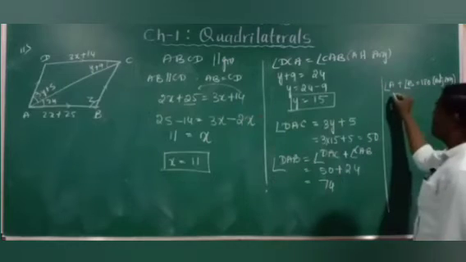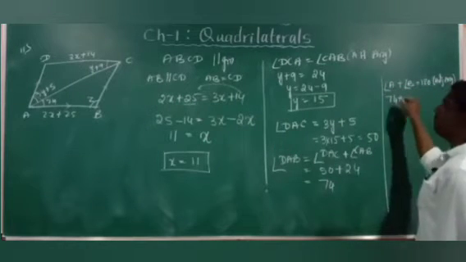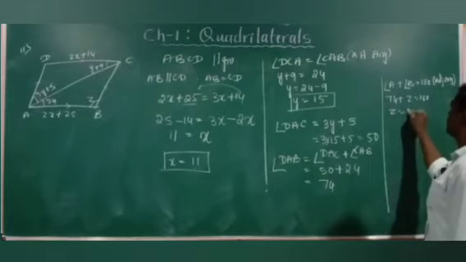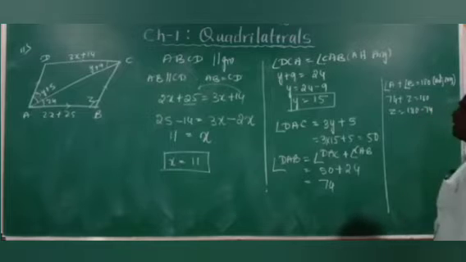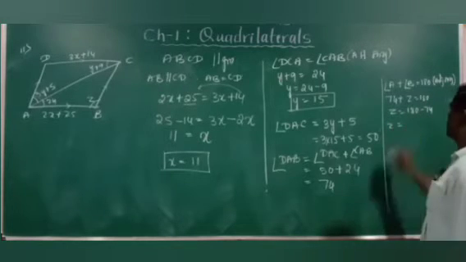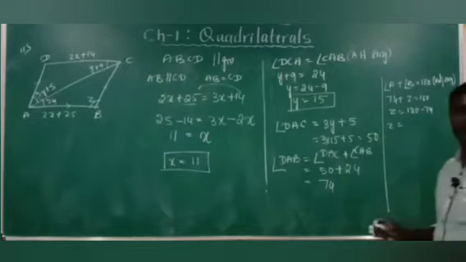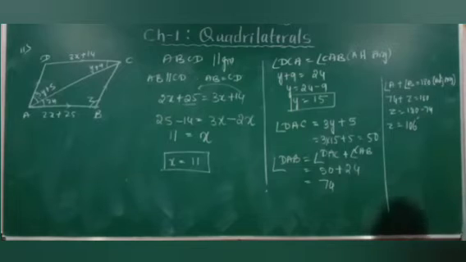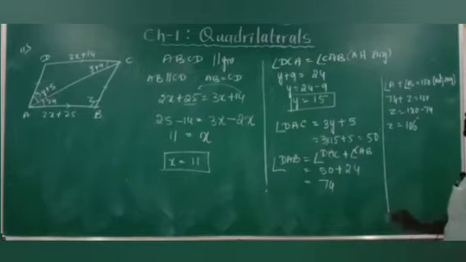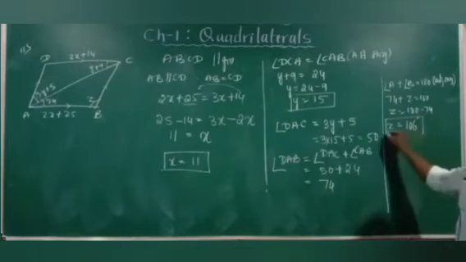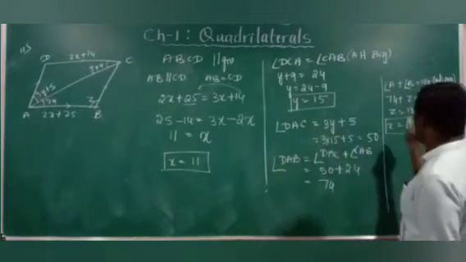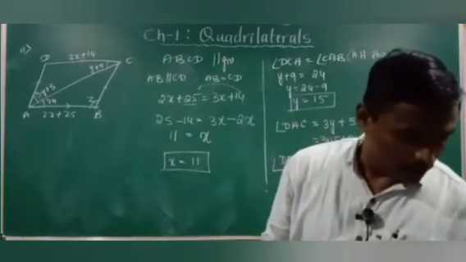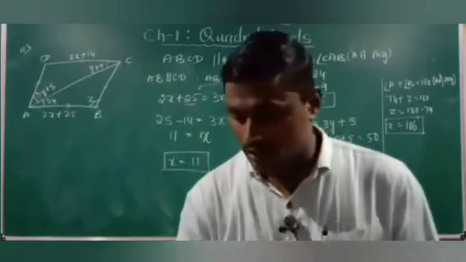So angle A is 74, angle B is Z, and the sum is 180 degrees. Now Z is equal to 180 minus 74, which is 106 degrees. So here we are getting the x, y and z values. These are the three required values of x, y and z.